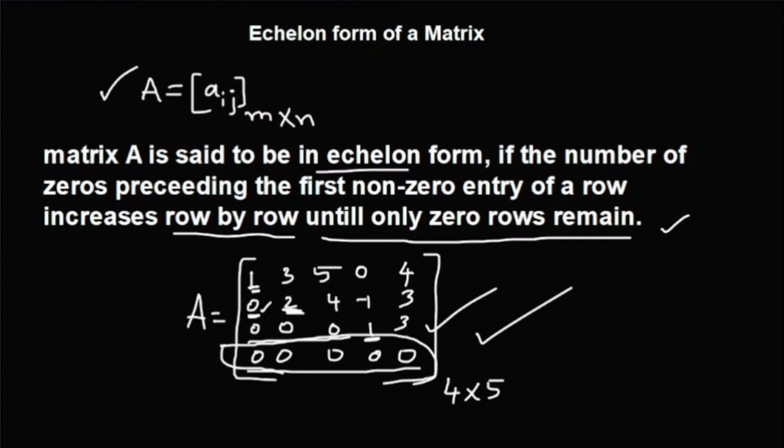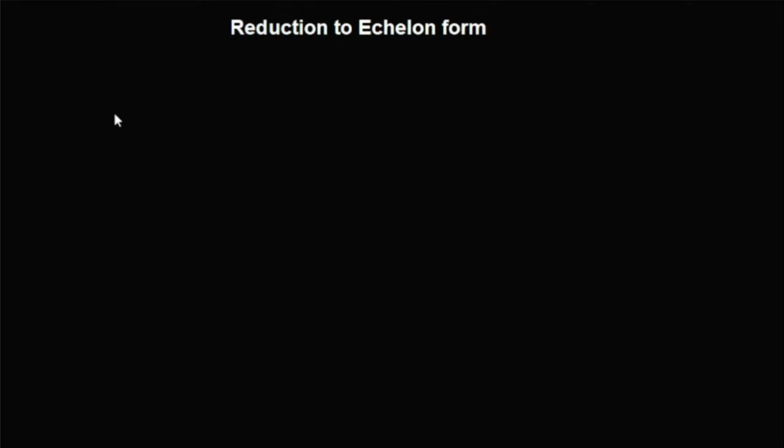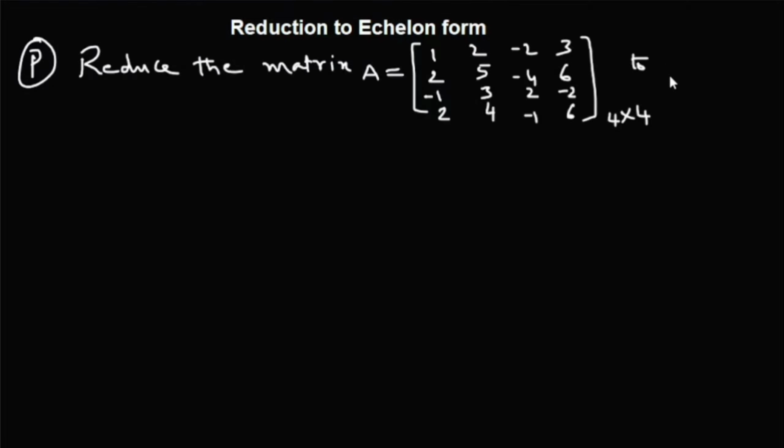The next concept is how to reduce a matrix to its echelon form. Now let us take a problem and solve. Reduce this matrix to its echelon form. To reduce a matrix into echelon form, we always follow row operations only, not column operations.